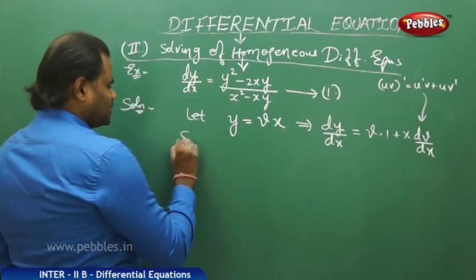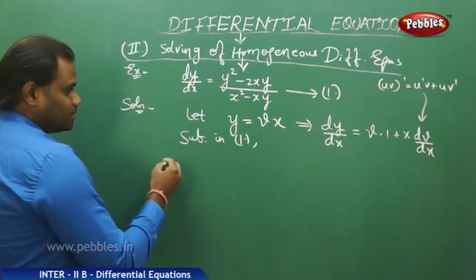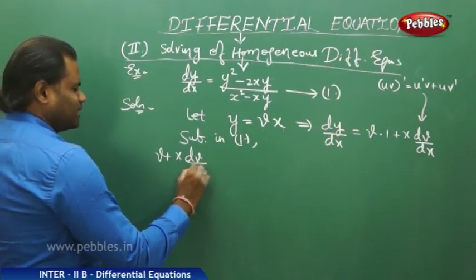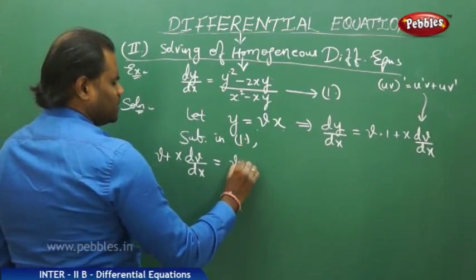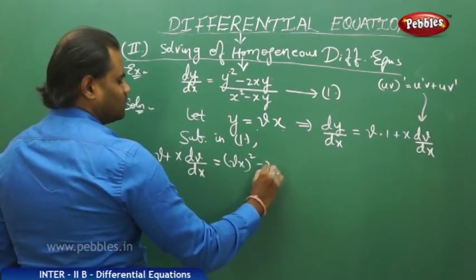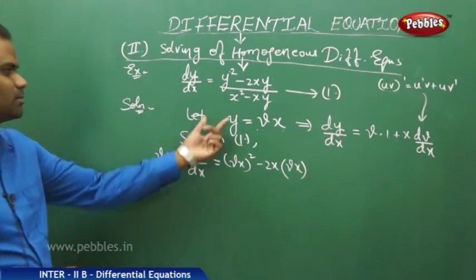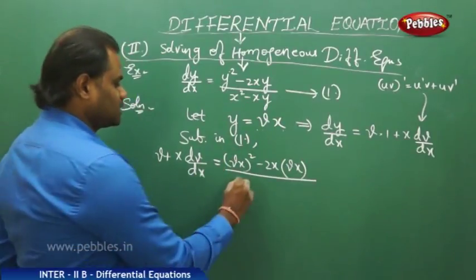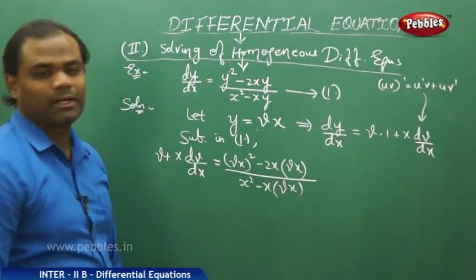Therefore, substituting in 1, we get dy by dx, which is v plus x dv by dx, equal to y squared, which is vx whole square, minus 2xy, which is vx. So substituting in place of y, we get this as x squared minus x times y, which is vx.